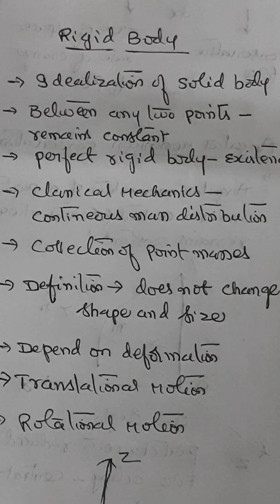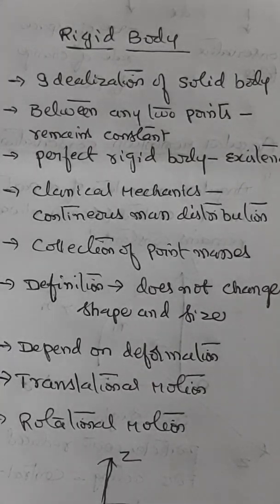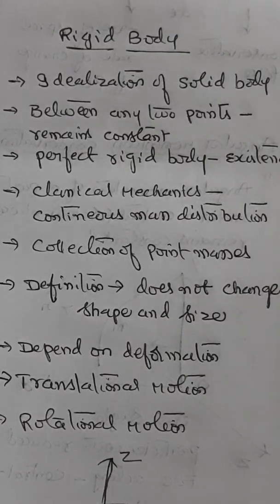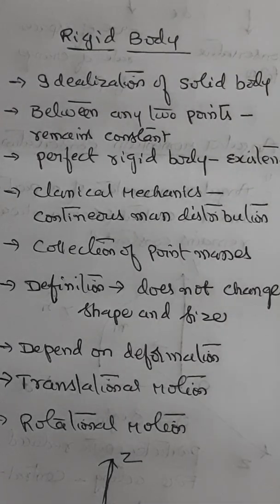So the deformation is very small, and therefore it can be considered as a rigid body. For example, beams, trusses, frames and other structures have negligible deformation. In that case, they can be considered as rigid bodies.